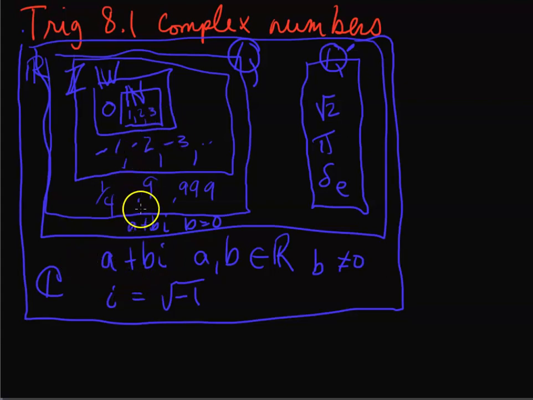If it's just the a, then it's real numbers. If you have a equals 0, then you've got just bi, which is then a pure imaginary number. I don't know what they mean by pure.